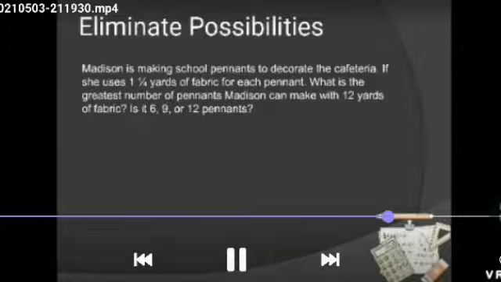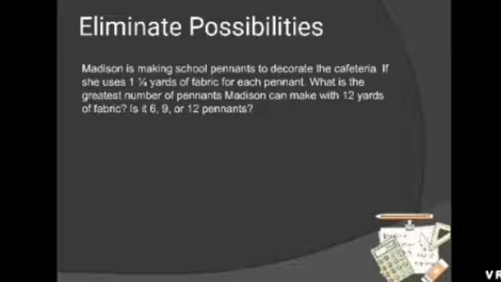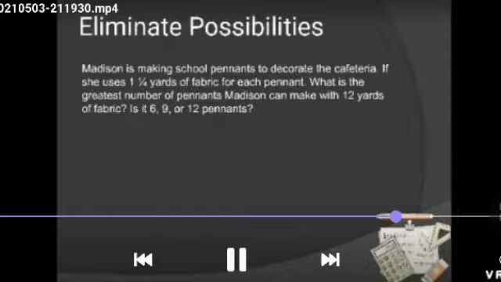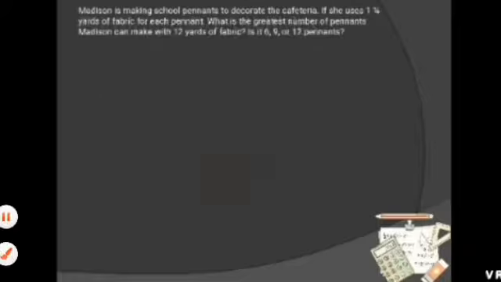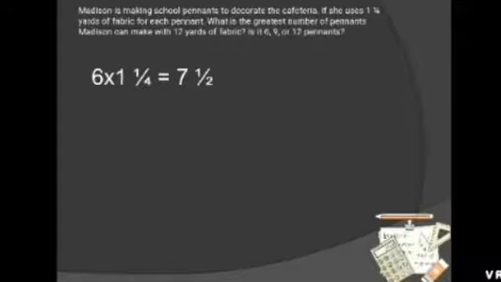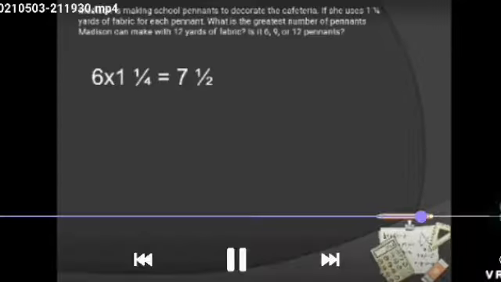We will start with 6. So 6 times 1 1/4, which is the size of the pennants, is equal to 7 1/2 yards.